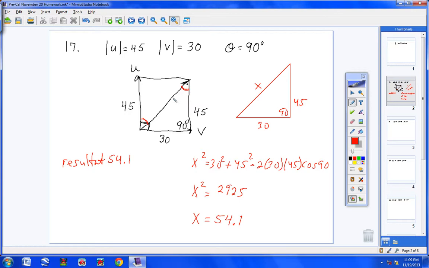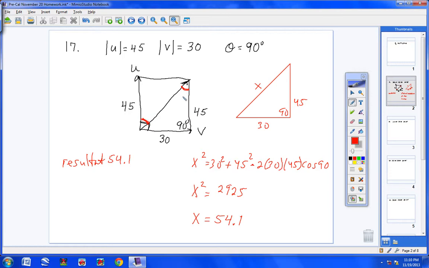How do I know that? Because whenever two parallel lines are cut by a transversal, here's a parallel line, here's a parallel line, cut by a transversal, alternate interior angles are congruent, okay? So this angle here is congruent to this angle here. So if I find this angle here, that's the exact same angle as this angle over here.